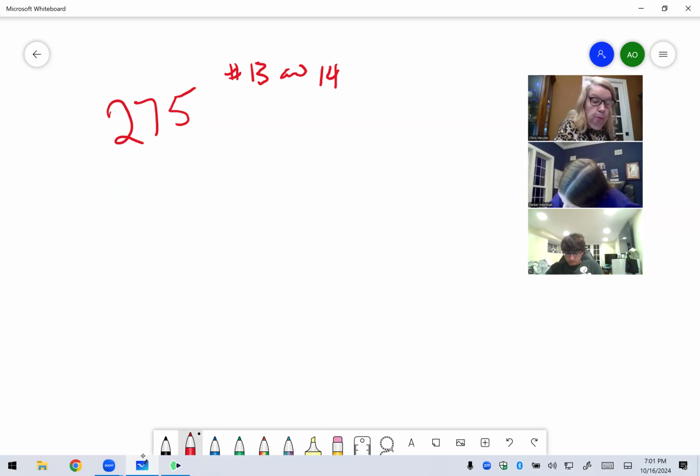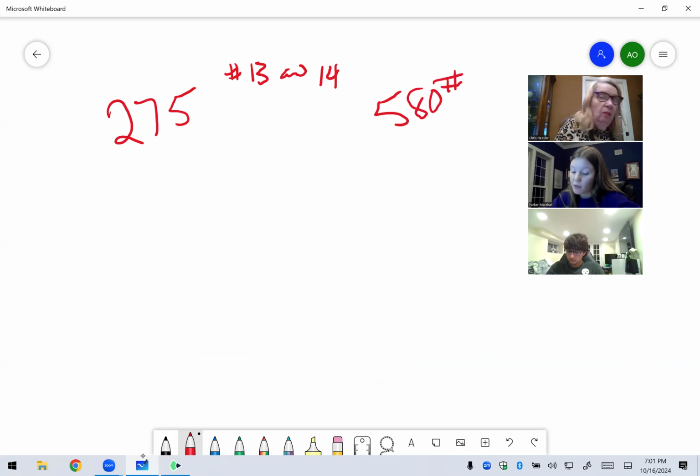Okay, one second here. Sorry, I'm getting my sea legs here. I also want to do this one, page 580 number 12. Okay, let's go to 275 first.